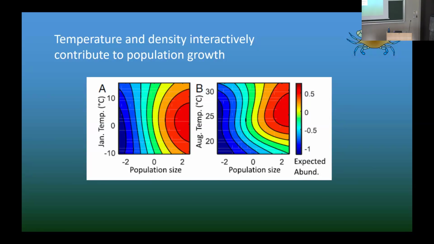The horizontal axis is population size, and the color indicates the expected abundance of crabs next year. So this indicates that there's a unimodal thermal performance curve, but the peak and how steep it is depends on population size. And here, where the peak is depends on population size. So if I drive a latitudinal temperature gradient through this, it's going to have different effects in different places.